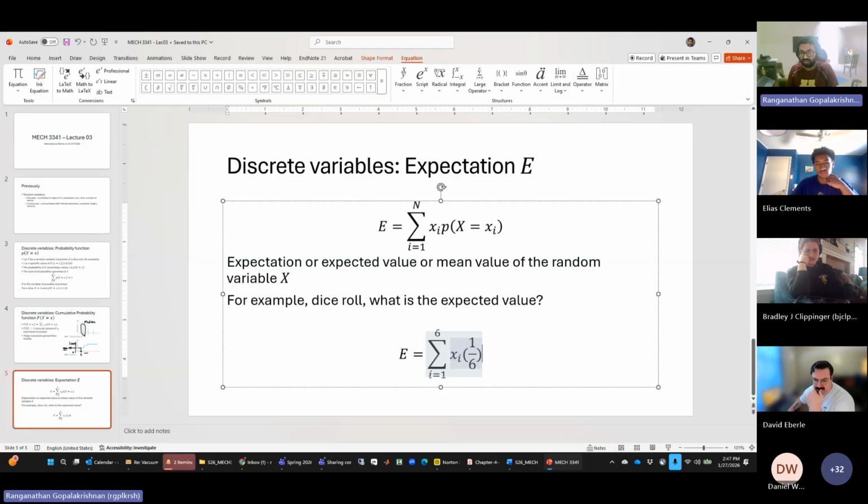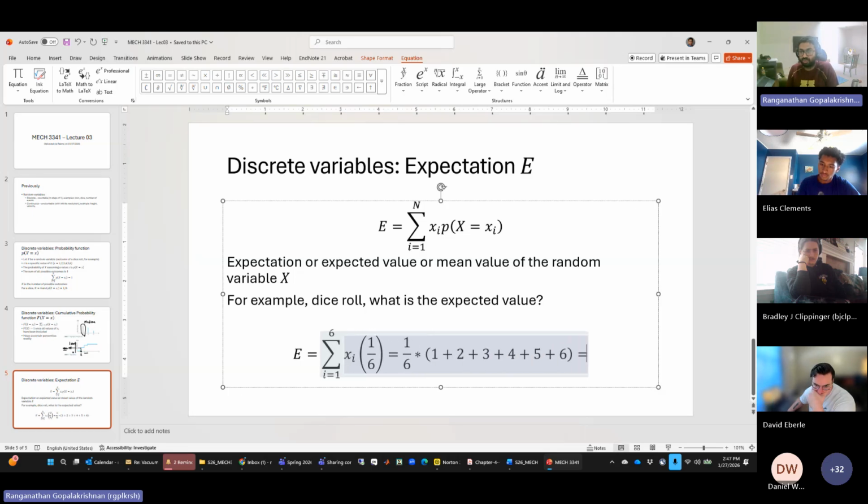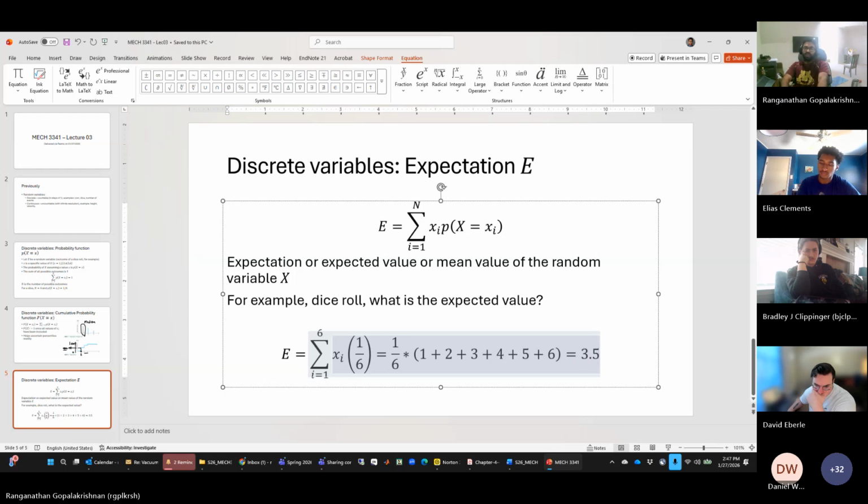So I'll just write it here. Okay, so this is going to be 1/6 times 1 plus 2 plus 3 plus 4 plus 5 plus 6, which is how much? I think we did this last time, 3.5. So the expected value is 3.5.